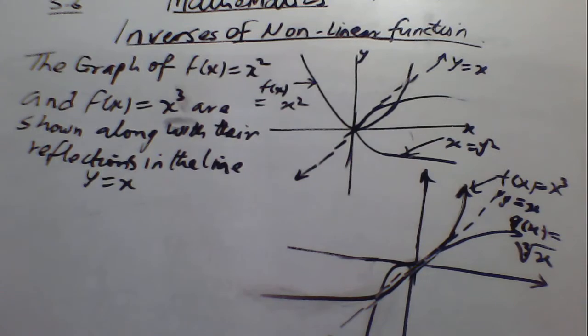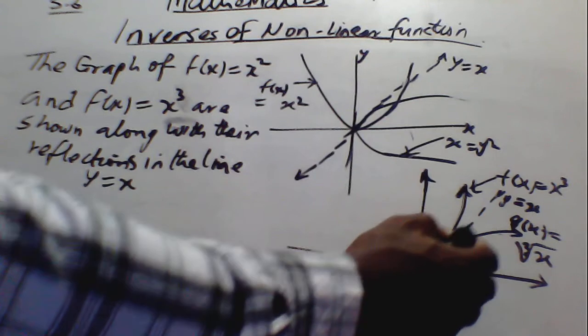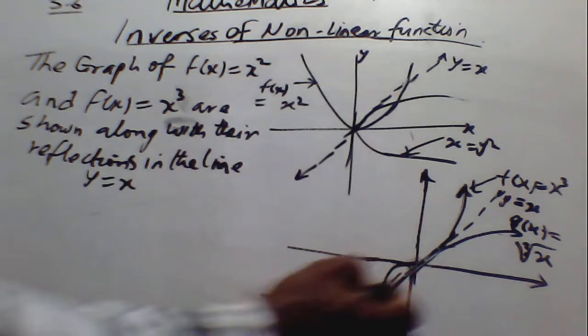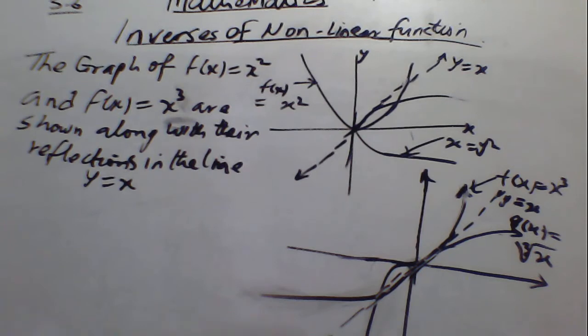So notice that the inverse of f of x equals x raised to power 3 is a function. Notice this is a function because this line, as you have seen, moves like this, and this one goes in this form. It's a function, but the inverse of f of x equals x raised to power 2 is not a function.